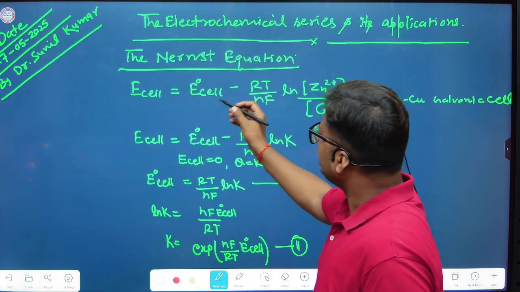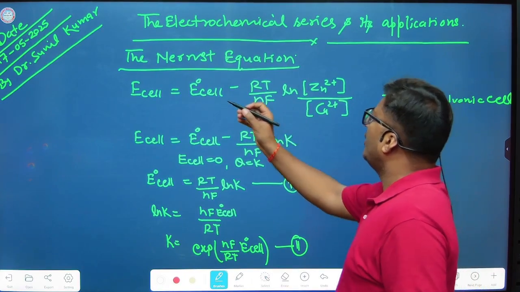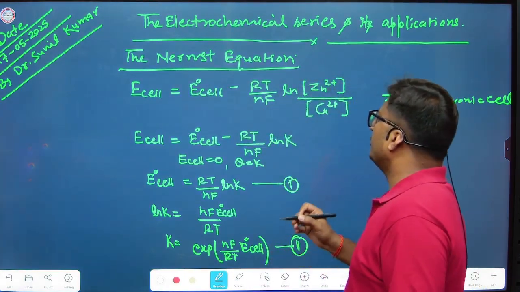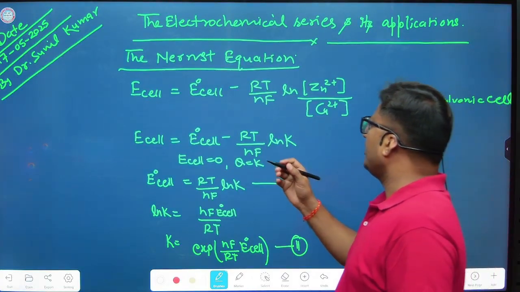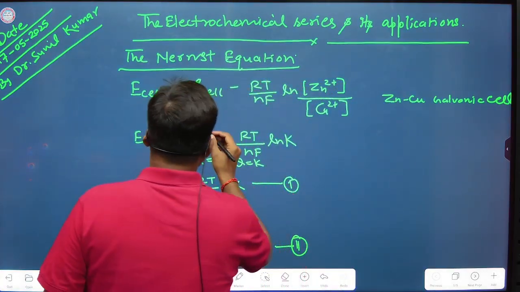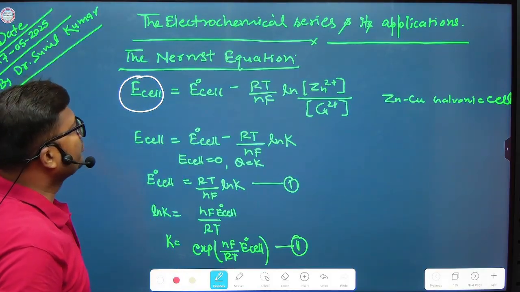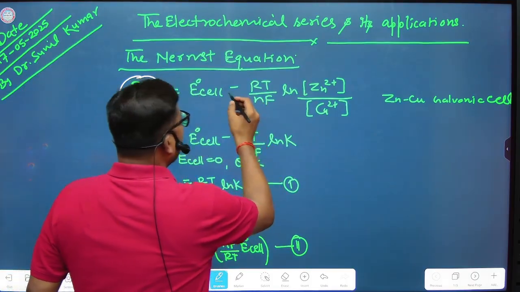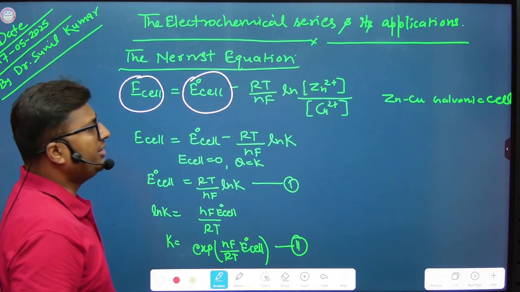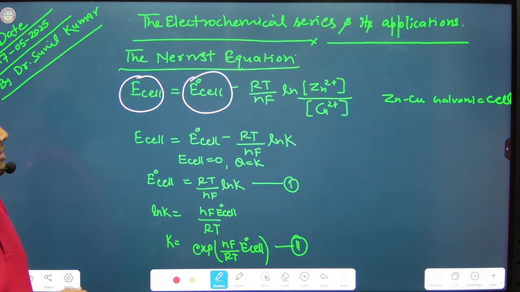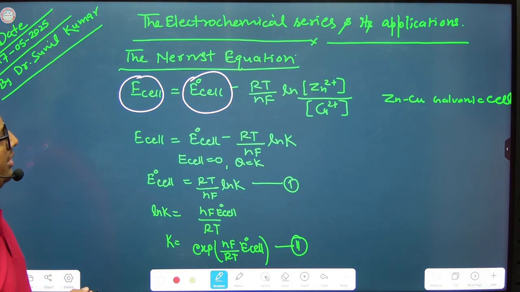So in the previous lecture, what I studied was the Nernst equation. This is a fundamental equation that gives the relationship between cell potential at a temperature T and the standard cell potential, which is fixed at 298 Kelvin, 1 molar electrolyte solution and 1 atm pressure.